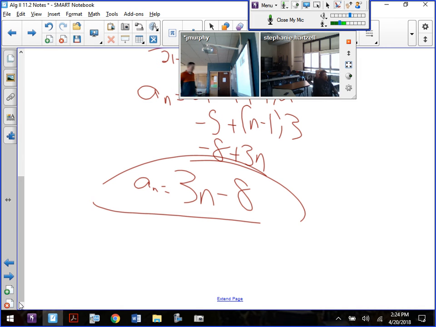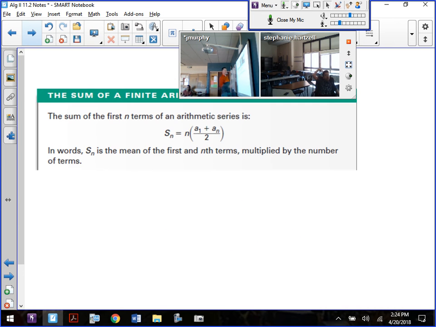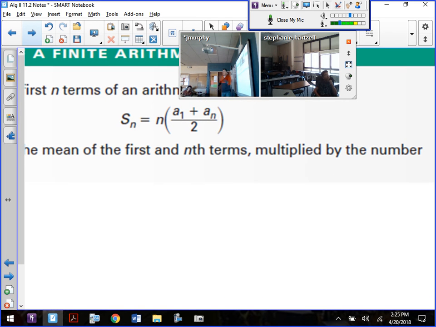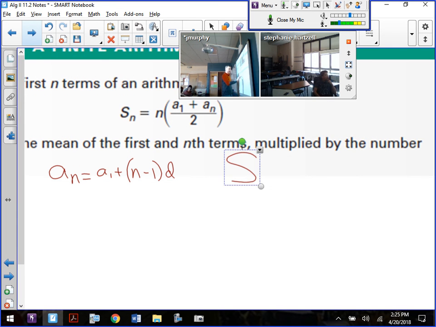I got one more quick thing here. Series. Now, I've told you guys this earlier. We're going to have multiple formulas for this stuff. Series is when we try to find the sum of a sequence.